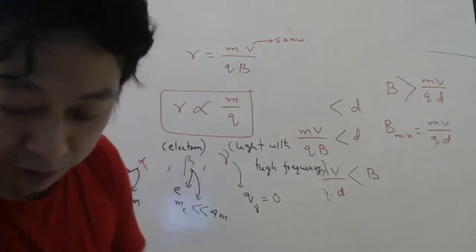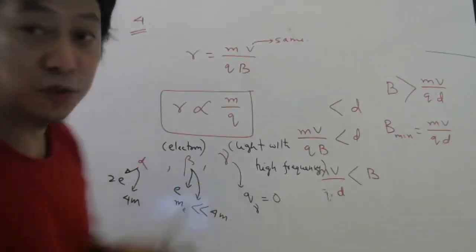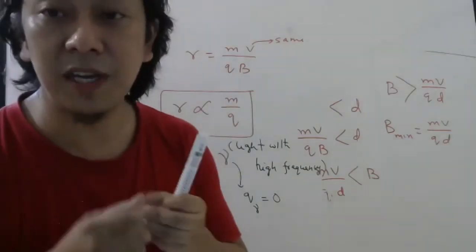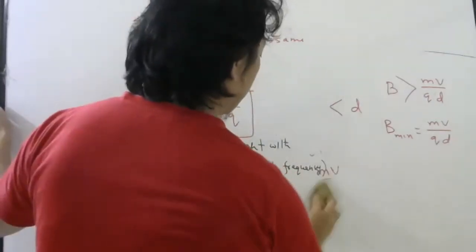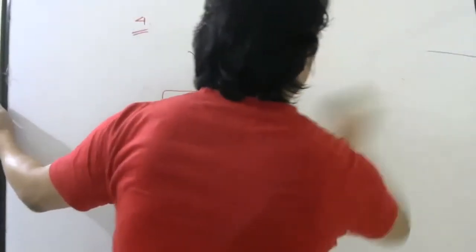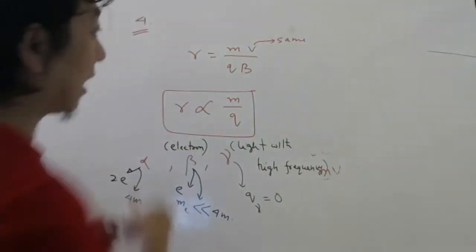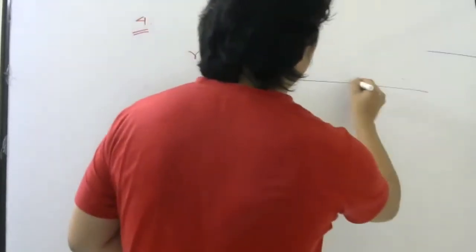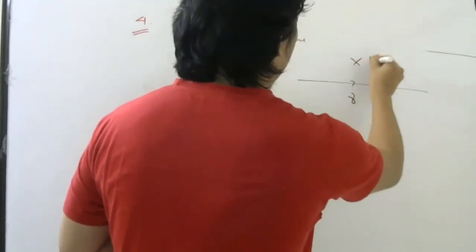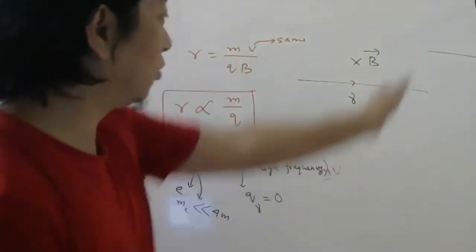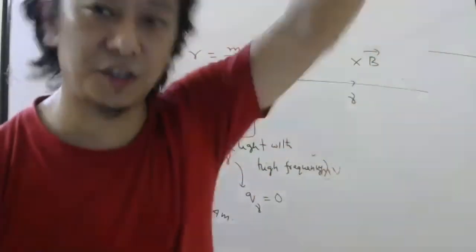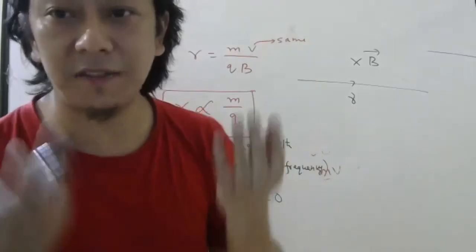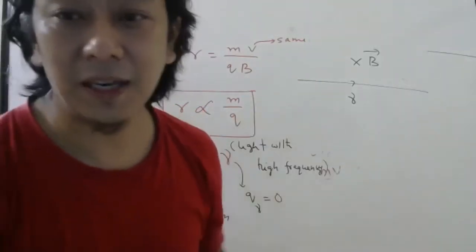Okay. Since gamma has no charge, gamma will never feel any magnetic force. So gamma will always go straight, even if you apply a magnetic field perpendicular to it. Why, sir? Because gamma doesn't have charge, so it will not feel magnetic force.